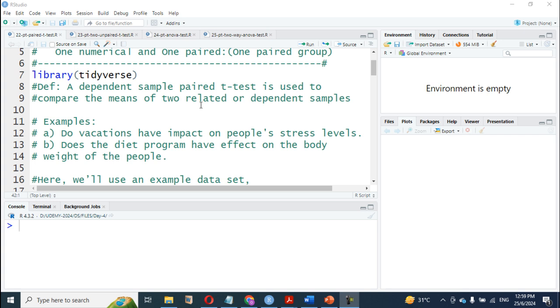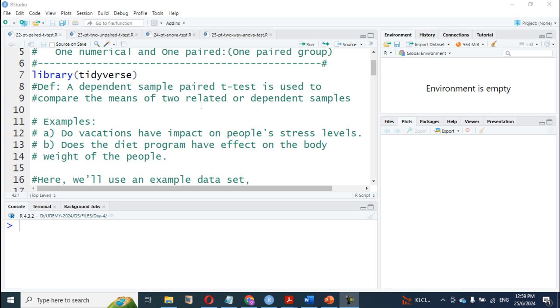So we have two samples now, for the same set of people, same set of subjects, same specimen, recorded twice: one before the vacation they went for, one after the vacation.